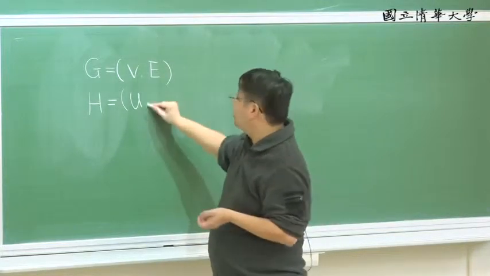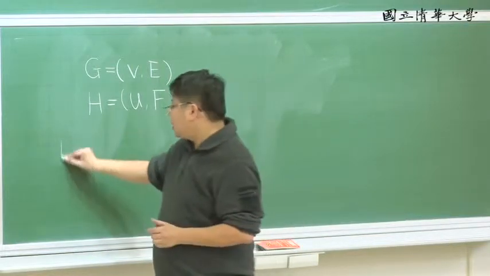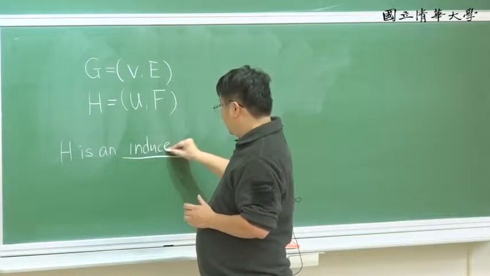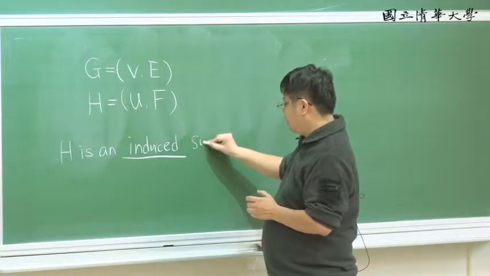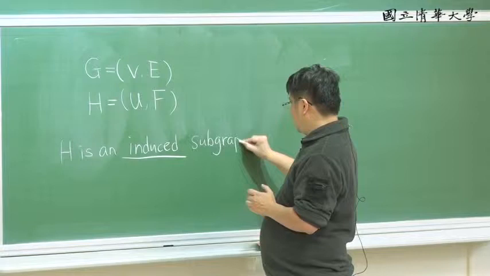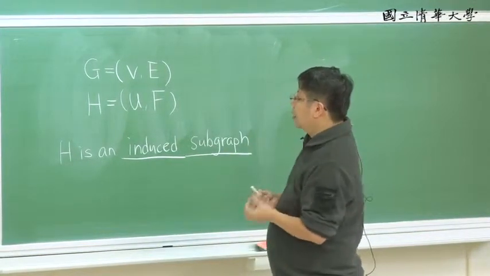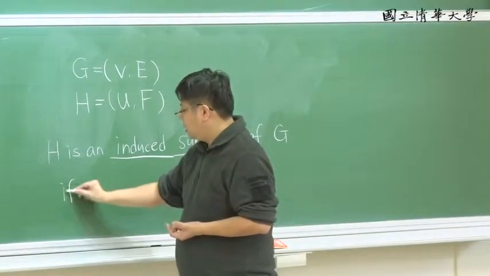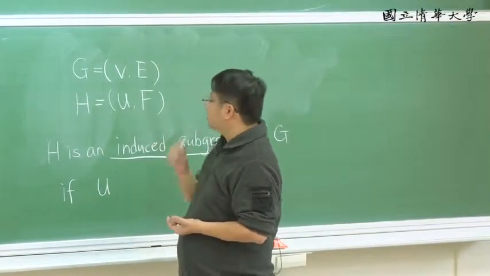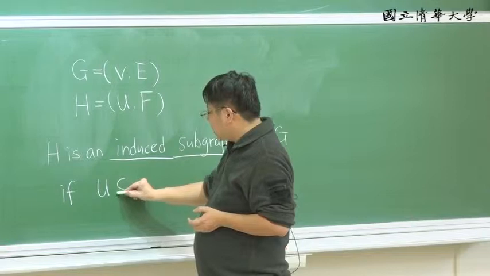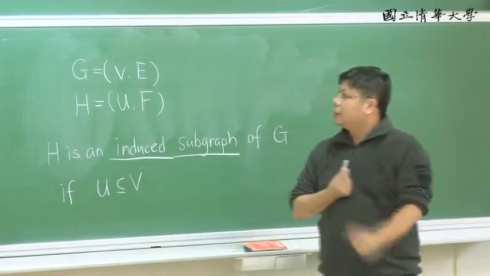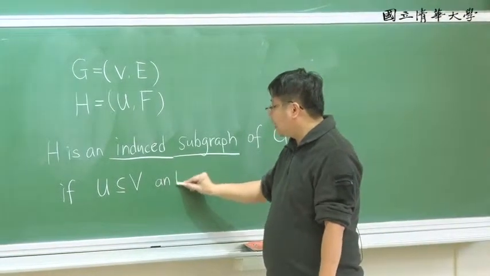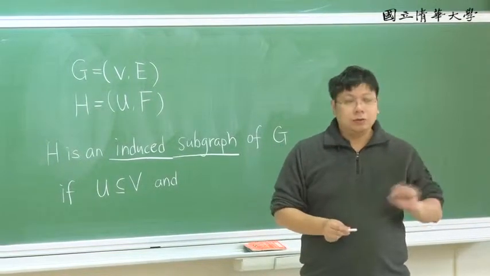So it need not be the same as V, so it is U and F. So we say H is an induced subgraph of G if the set of vertices that H is chosen from is a subset of the vertices in G, and so you can pick vertices from G, but you don't need to take all.